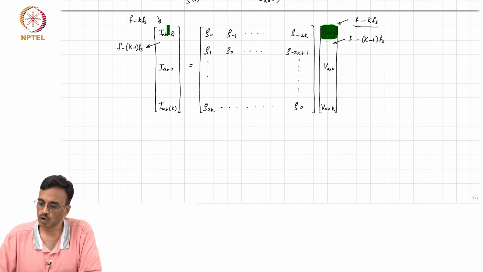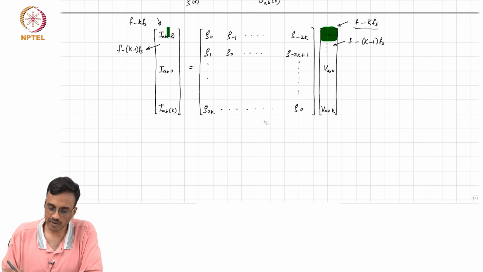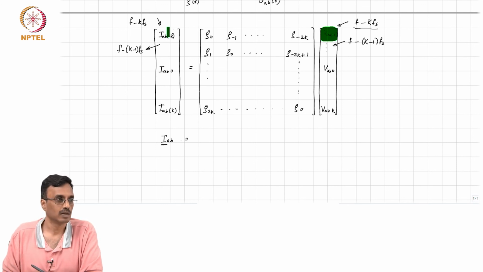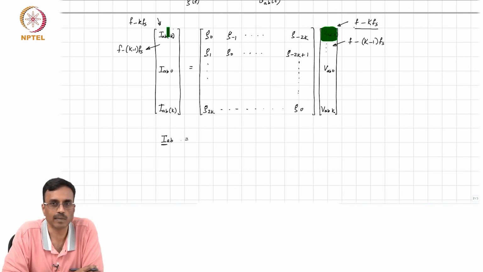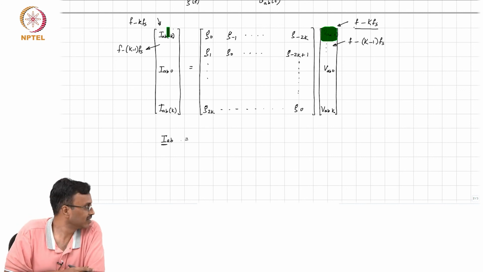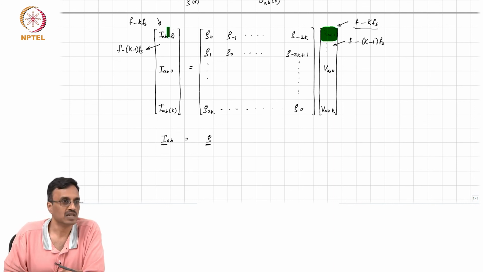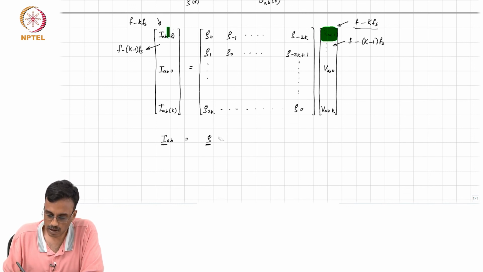Okay, so now let's see what happens. The I phasor, therefore, in the time invariant case, the current phasor was simply G times the V phasor. Now the I phasor is a vector, and that is a G matrix multiplied by VAB.